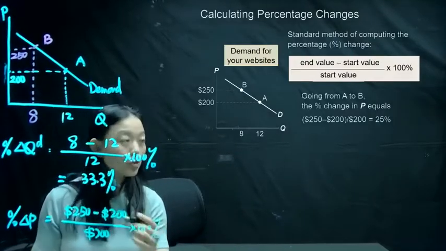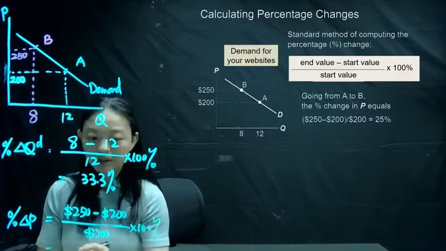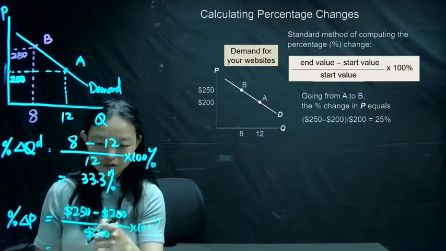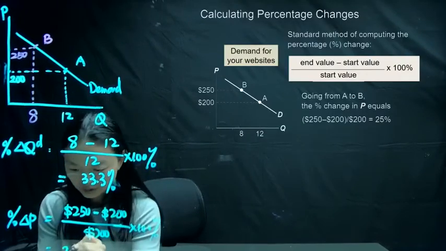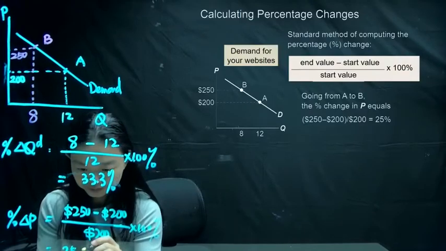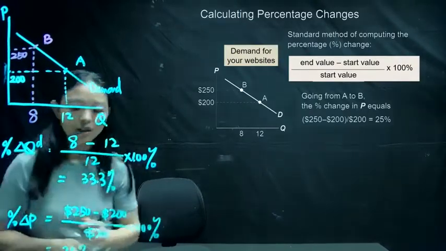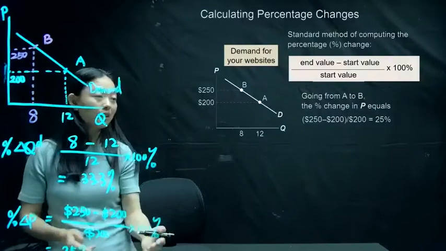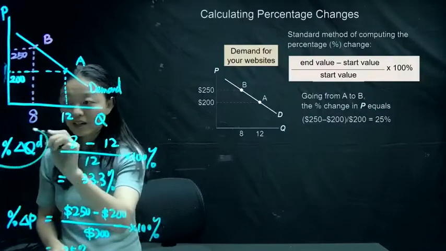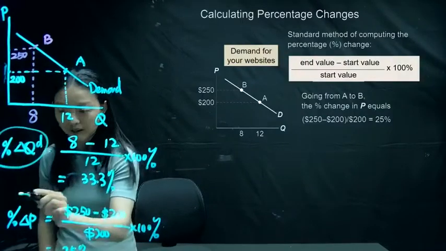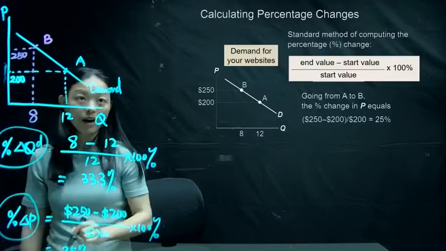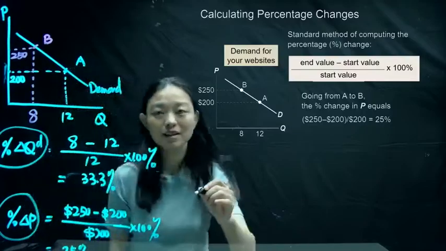This will equal 50 divided by 200, so this will be 25%. So you can compute the percentage change in quantity and the percentage change in price.